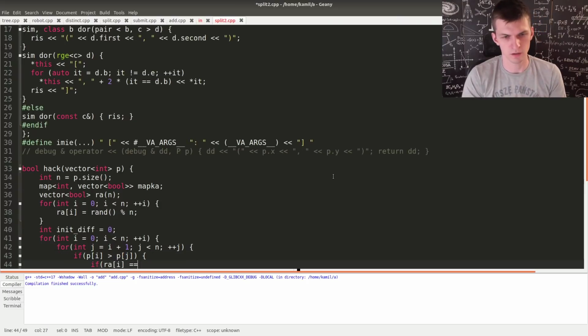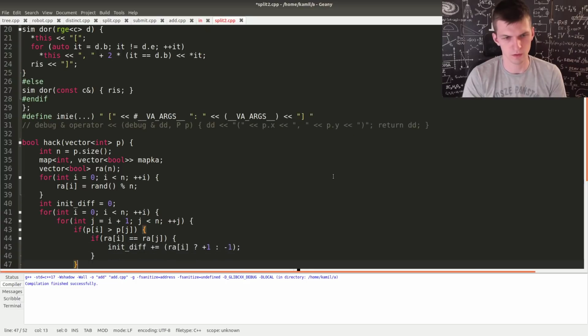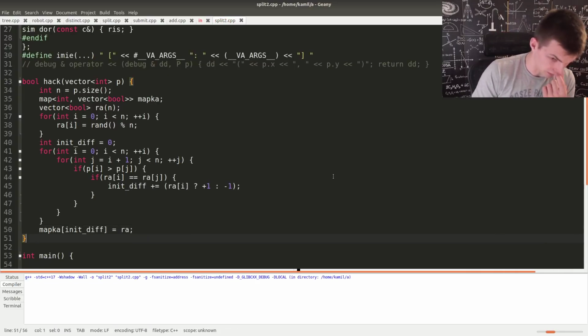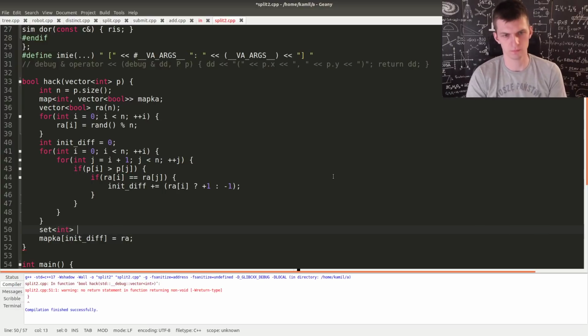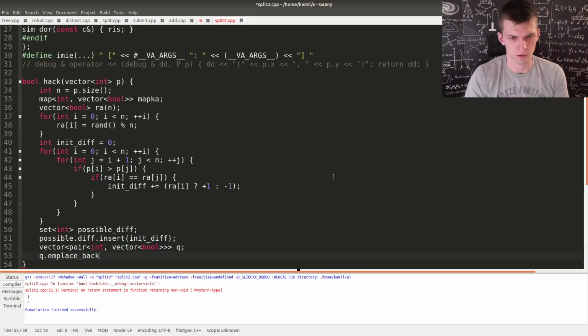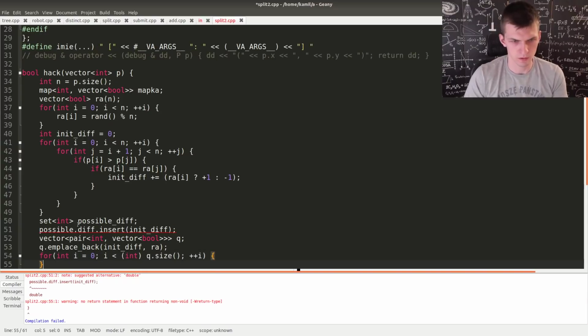If this, do that. This will be a queue. A queue and place back, need diff, comma, starting sequence, possible diff.